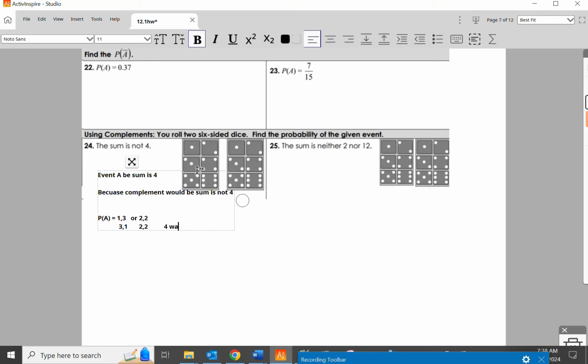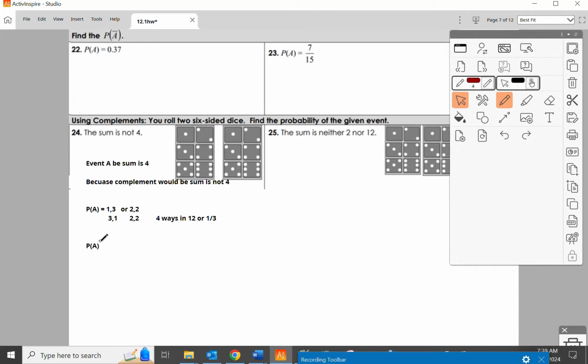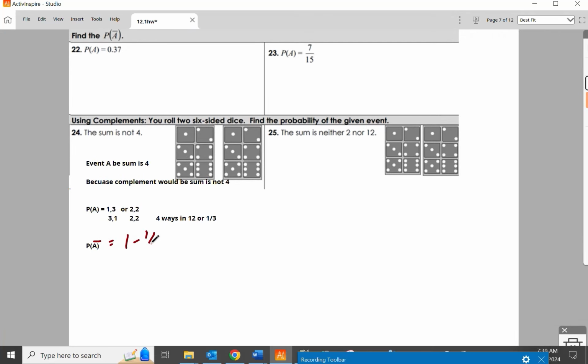So there's 4 ways in 12, or 1 over 3. So the complementary event here is simply going to be 1 minus a third, which is 2/3. And there you go. That's it.